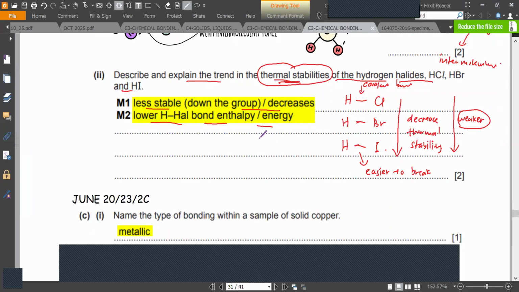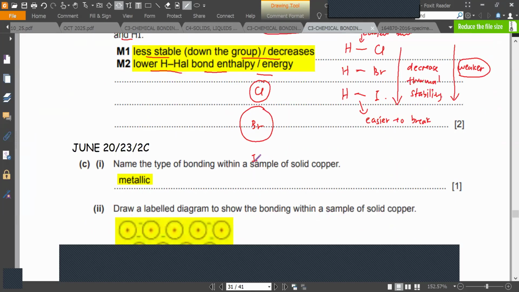The reason for why the covalent bond is weaker, for Cl, Br, I, is to do with the radius. So hydrogen is like this.